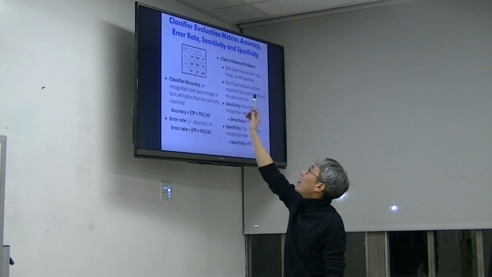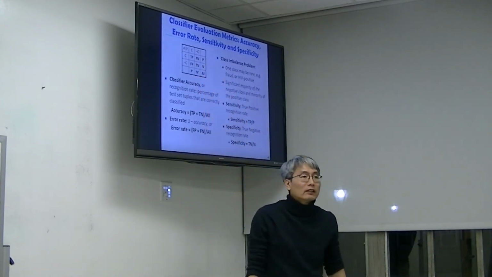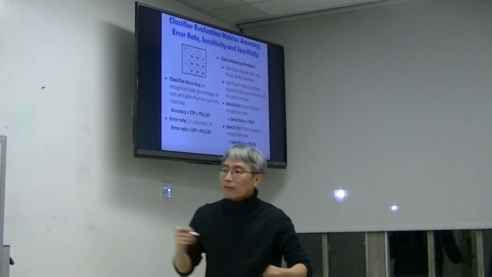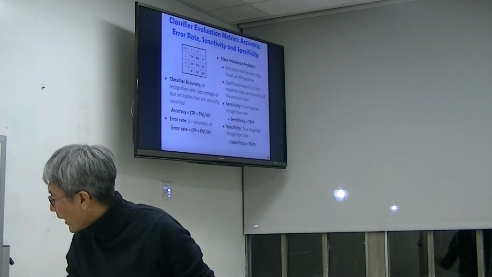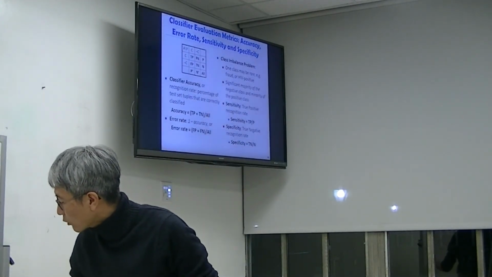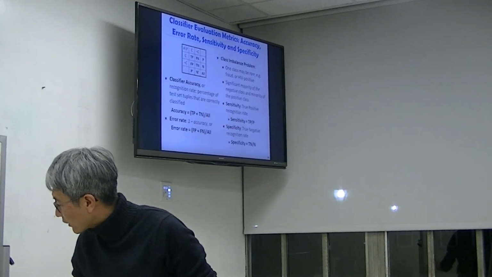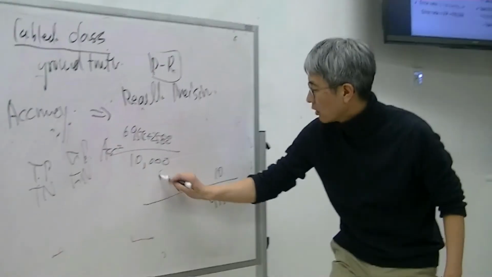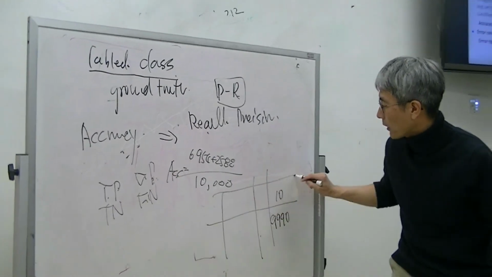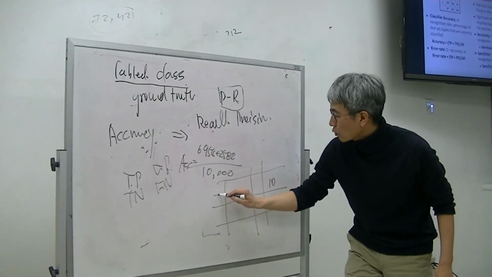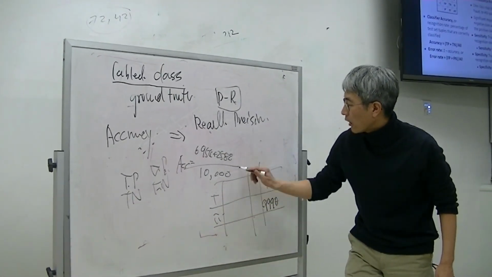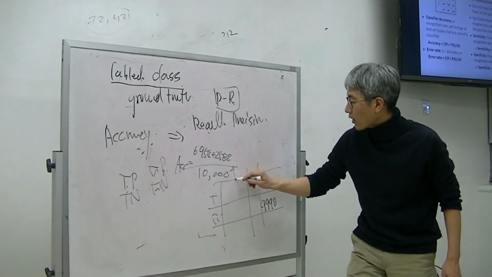Sensitivity is the true positive over P. So, for example, we have 10 positive and 9,900 negative cases, in a confusion matrix. It's the true and the false, and you predict positive and negative.